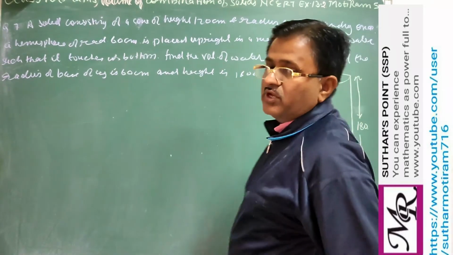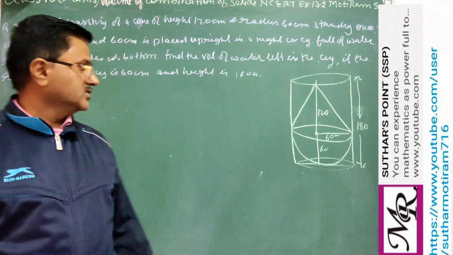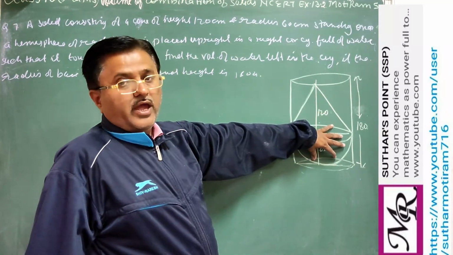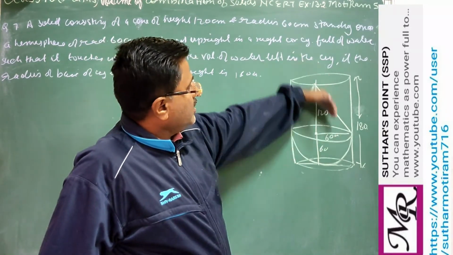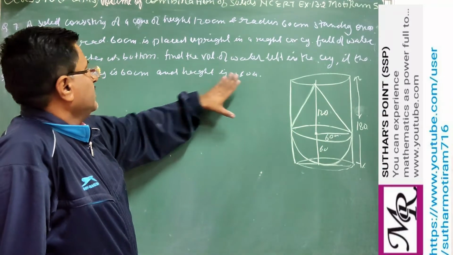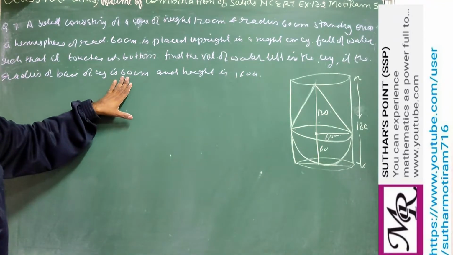Now this solid we are putting inside a cylinder. Solid means a combination of the cone and the hemisphere base, that we have to put into a cylinder of height 180 centimeter and base radius 60 centimeter.